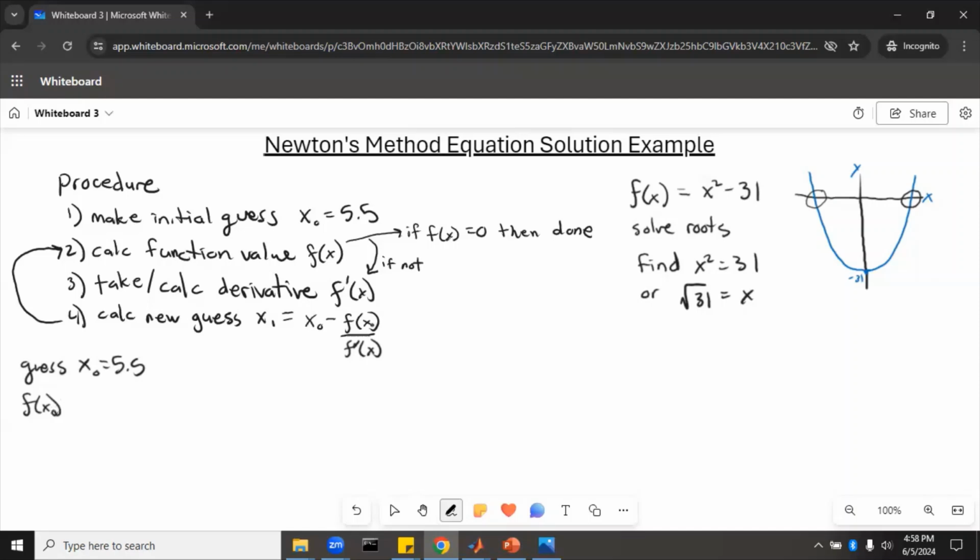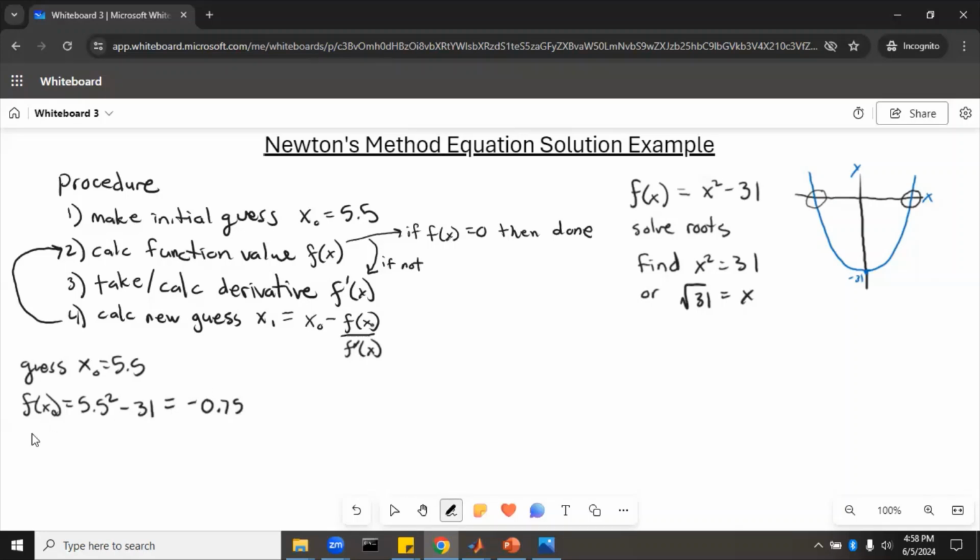For x initial equals 5.5, f of x is 5.5 squared minus 31, which equals negative 0.75. Okay, so not 0, but it is reasonably close.